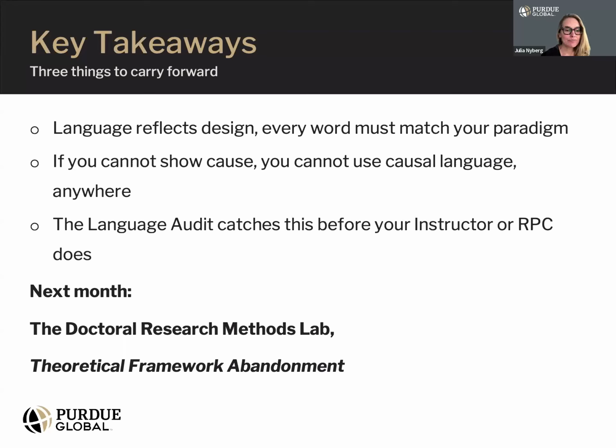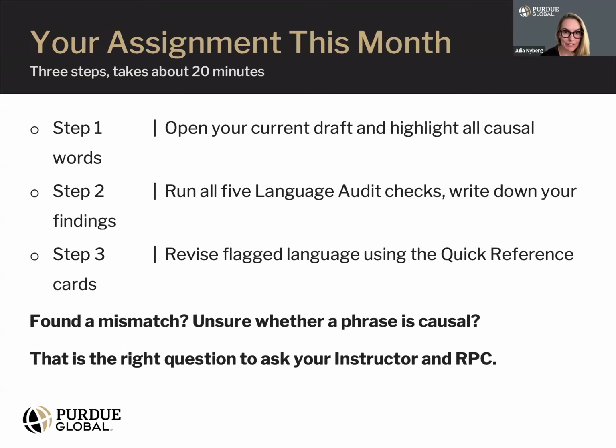Your assignment for this month is going to take you about 20 minutes. First up, open your current draft, whichever chapter you're working on, and highlight every single word that could be a causal claim.